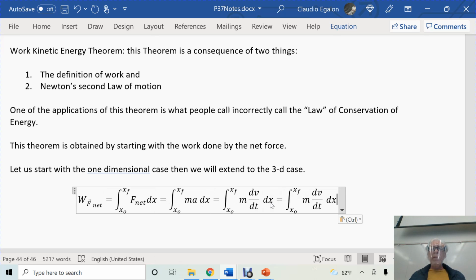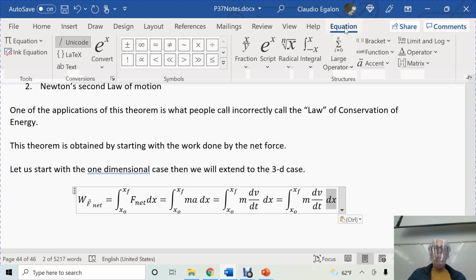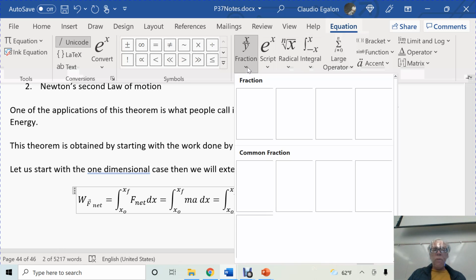What's the next step? The genius realization was that we can commute the dt from the dv to the dx. Such a simple solution. So instead of having dv dt, we can do that because this is a well-behaved function, right?